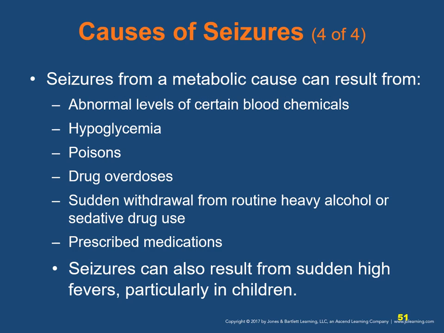Seizures from a metabolic cause can result from abnormal levels of certain blood chemicals, hypoglycemia, poisons, drug overdoses, sudden withdrawal from routine heavy alcohol or sedative drug use, prescribed medications, and then seizures can also result from sudden high fevers, particularly in children.